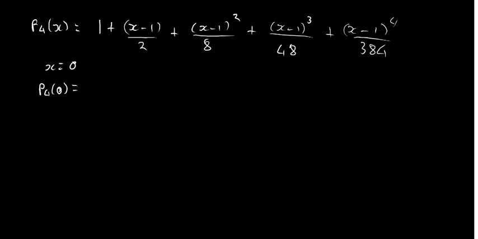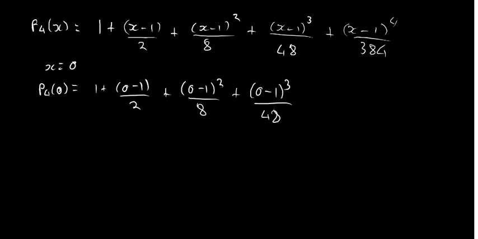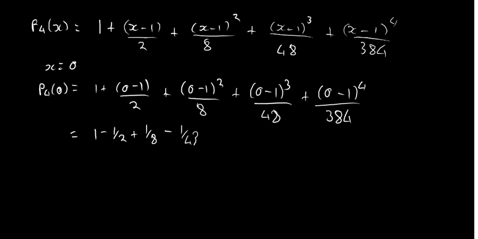This is going to be 1 plus 0 minus 1 over 2, plus 0 minus 1 squared over 8, plus 0 minus 1 to the power 3 over 48, plus 0 minus 1 to the power 4 over 384, right? Quickly, this is just going to be 1 minus 1 over 2 plus 1 over 8 minus 1 over 48 plus 1 over 384.